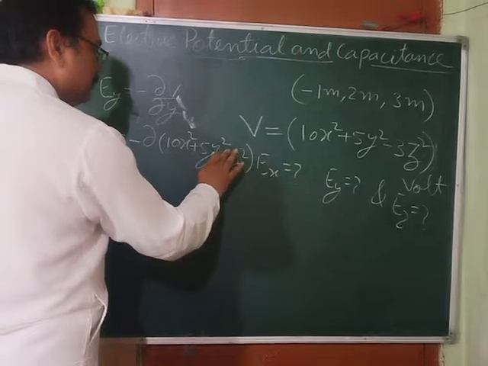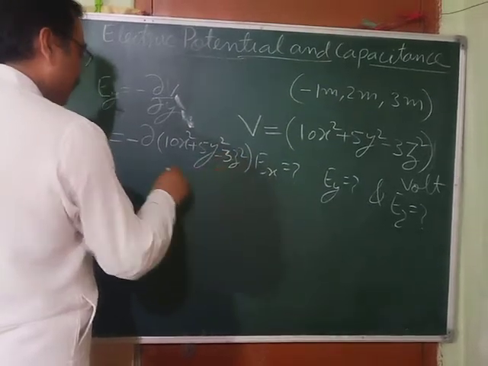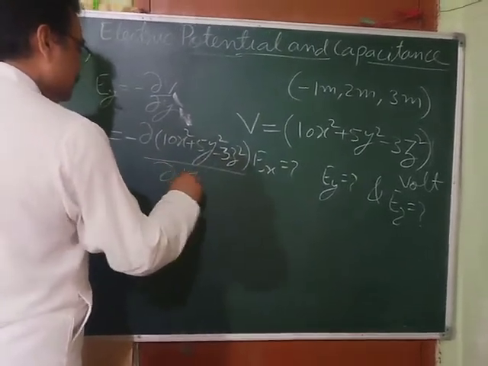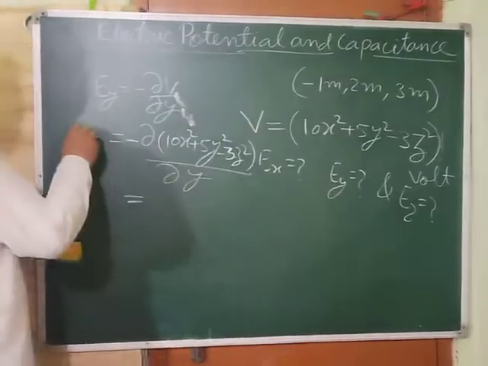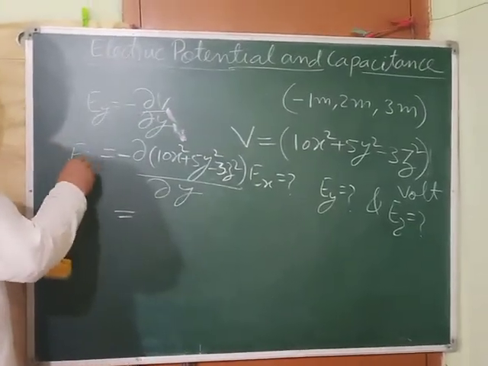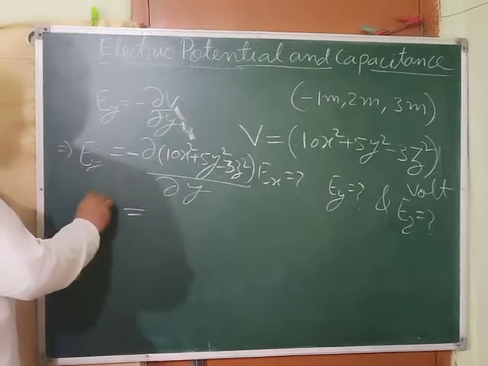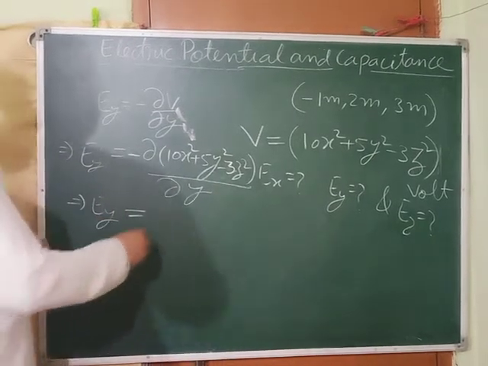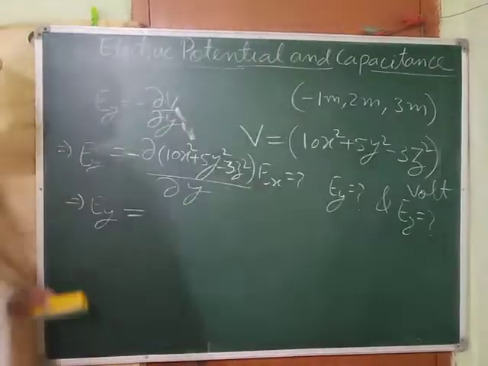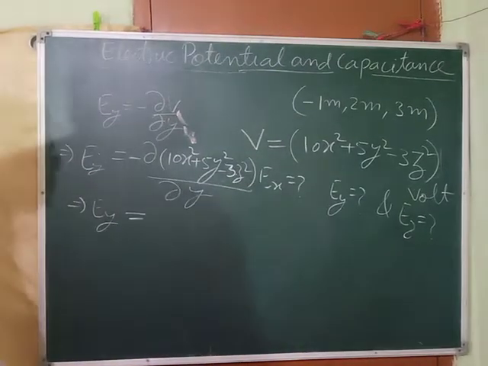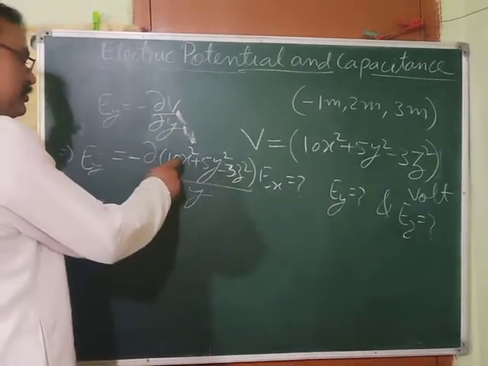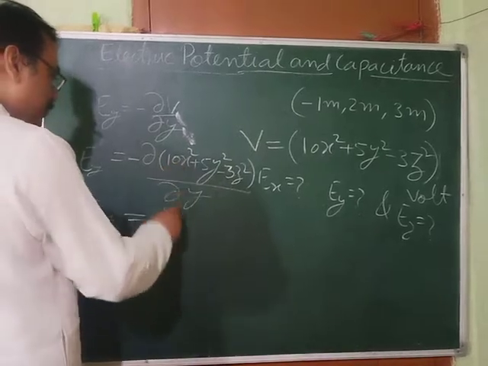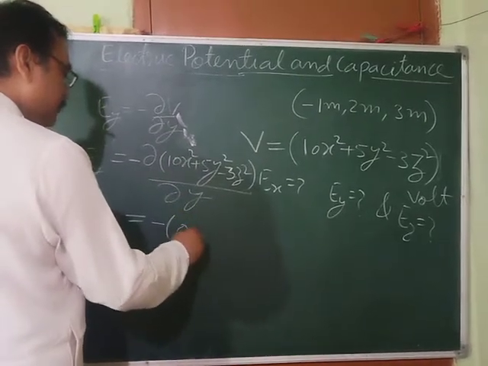And here dy is there. So when we are differentiating with respect to y, the others, that is x and z, are taken as constants. When you are differentiating a constant, what will happen? It will become 0. Minus is there, it will become 0.